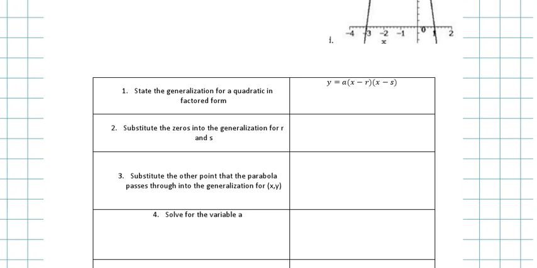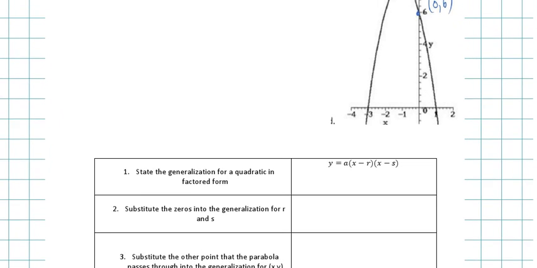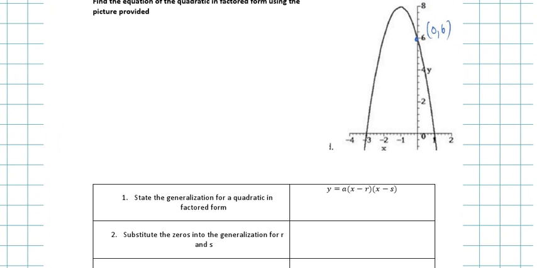Okay? Now, your next step, can I have your attention and then you guys will have time to copy this? Looking at this, what are your zeros? 1, and negative 3, right? Good. So all you have to do is plug in these zeros for r and for s.